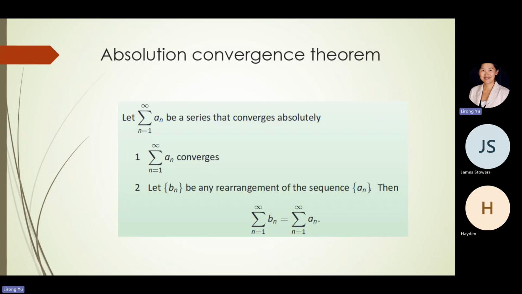That's nice, because rearranging the terms should not affect the total sum, which is the case with a finite number of terms. If you're adding numbers and the total is 80, and you rearrange them, it's still supposed to be 80, right? But that's not the case in the infinite case.